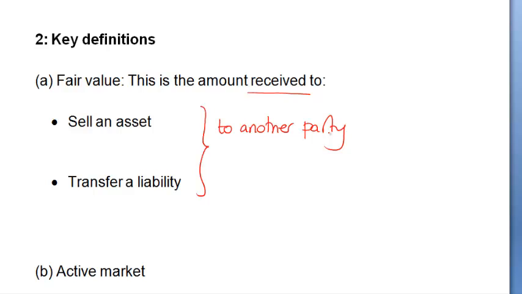It's the amount that we should receive from selling an asset or transferring a liability. But we've then got a problem because not all assets are the same. There's only one Lionel Messi in football. So how much is he worth? What's the fair value for Cristiano Ronaldo? Very, very difficult to work out.